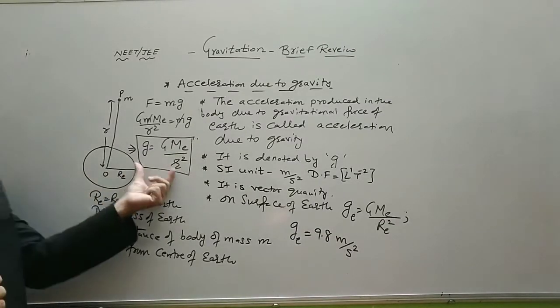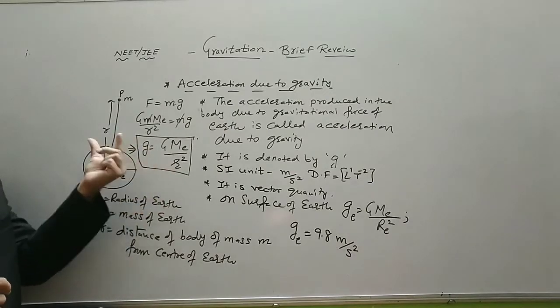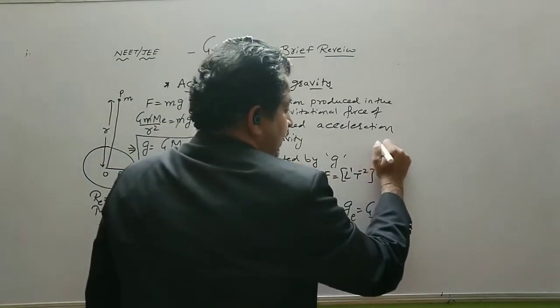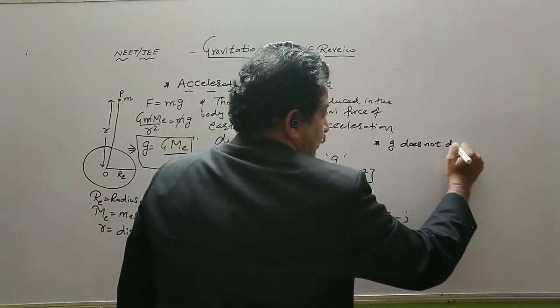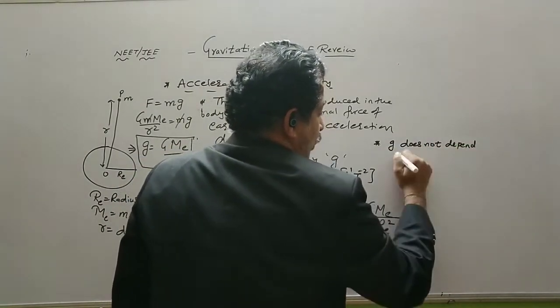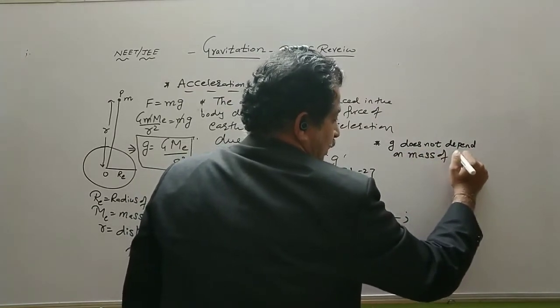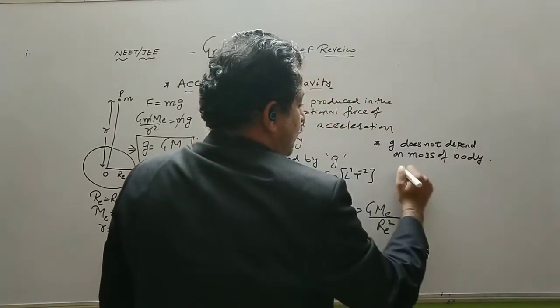Now you see this formula. This is called the general formula of acceleration due to gravity. And it is clear that g does not depend on the mass of the body.